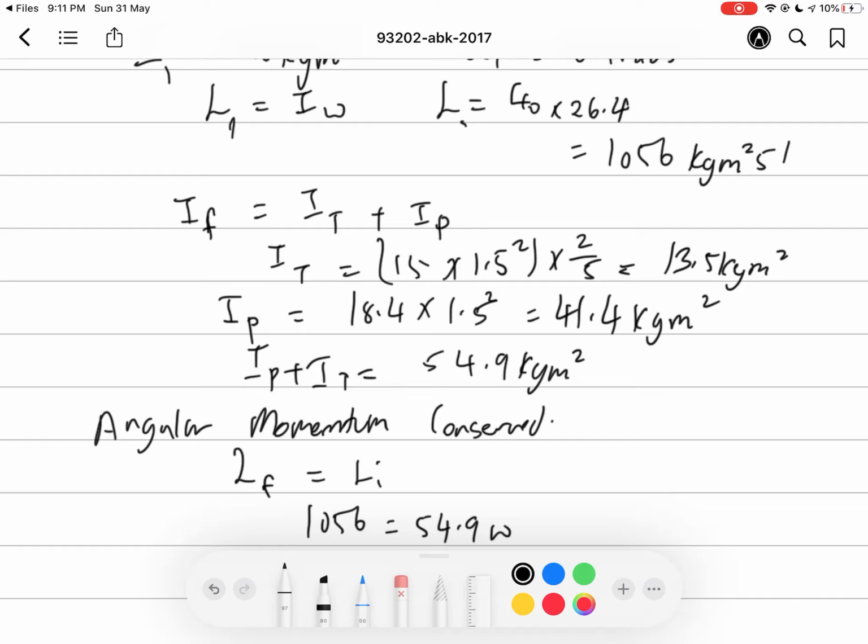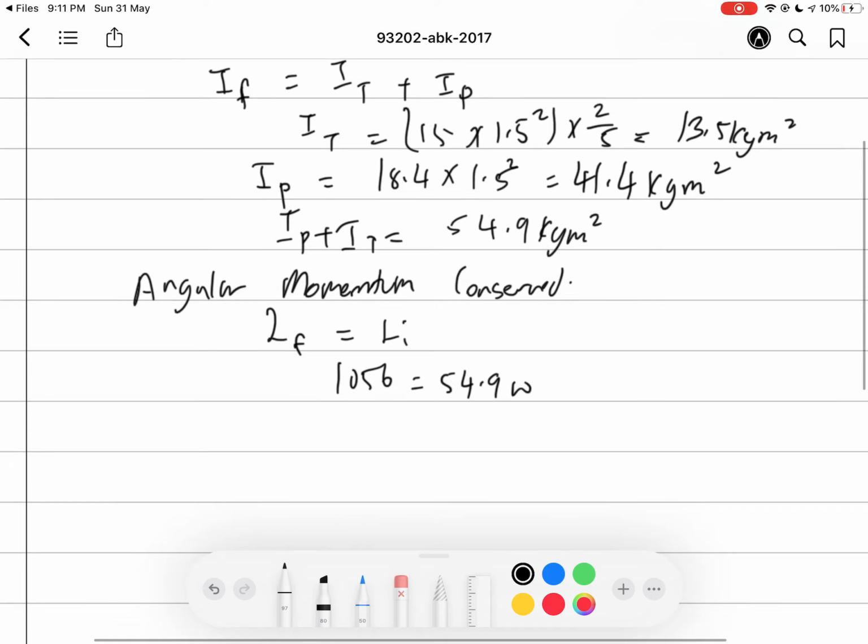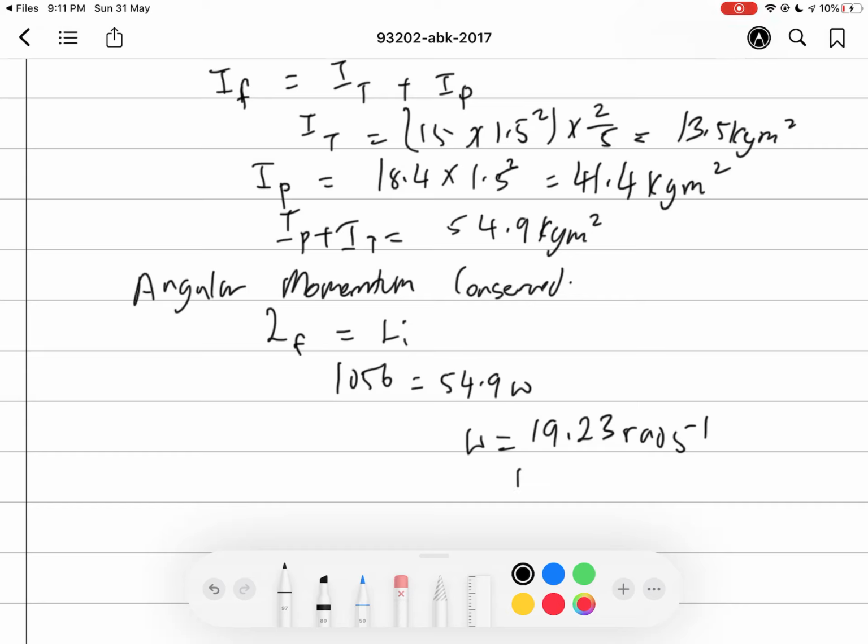So our angular velocity comes out to be 19.23 radians per second, and we need to round that to 3SF because that's the lowest significant figure given by the question. So we'll drop the last 3 and we'll get 19.2 radians per second, rounded to 3SF.